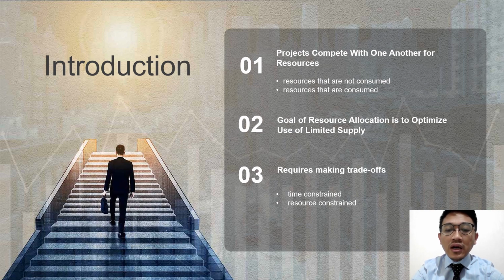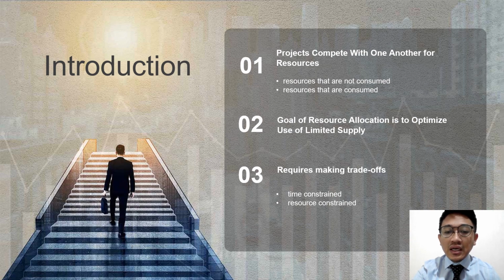Projects frequently encounter situations where they are either time constrained, needing to achieve objectives within a specified time frame, or resource constrained, facing limitations on available resources despite the project demands. Consequently, effective resource allocation involves navigating these constraints, making strategic decisions, and often compromising in certain areas to ensure the most efficient use of available resources.